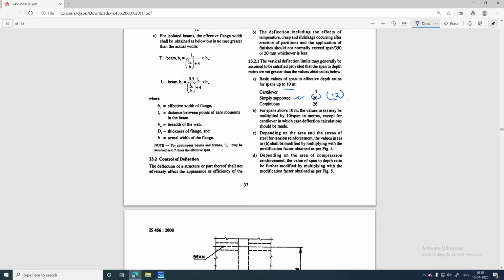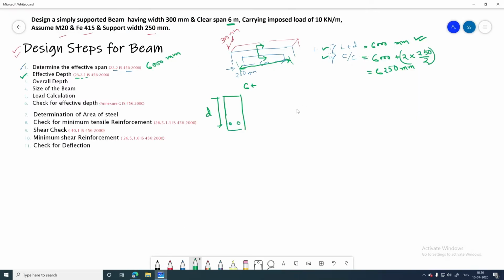You can consider 15, 16 according to you, but I consider 12 here. That means L by D equals, sorry, not 20, 12. Now multiplied with the modification factor.